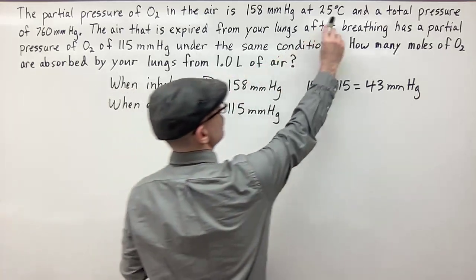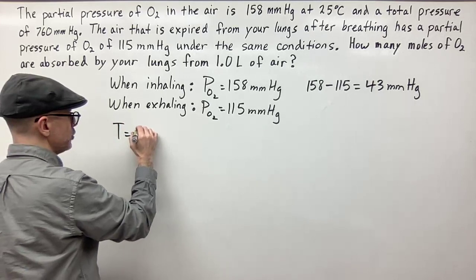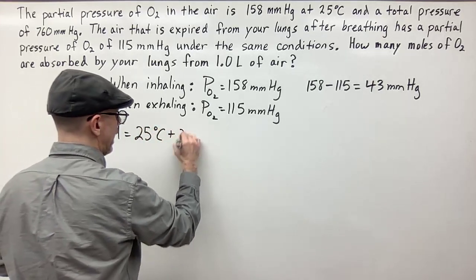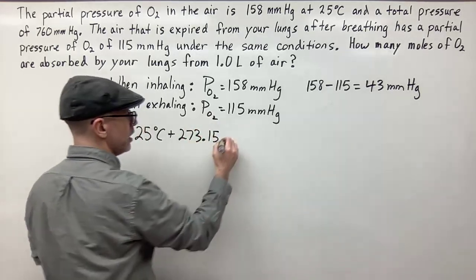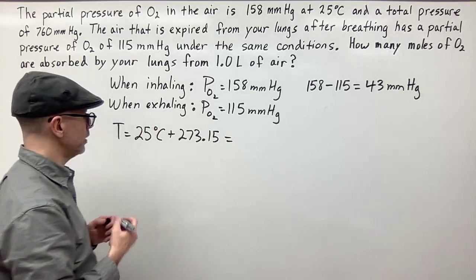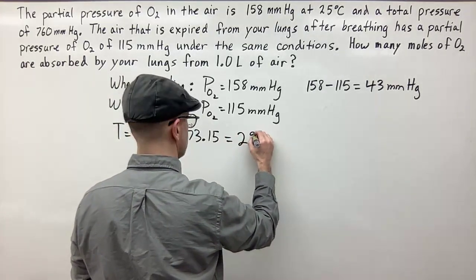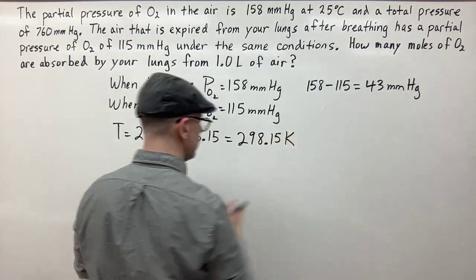We're given a temperature of 25 degrees Celsius. We're going to add 273.15 to that because we need to convert to Kelvin. And so that's going to give us 298.15 Kelvin.